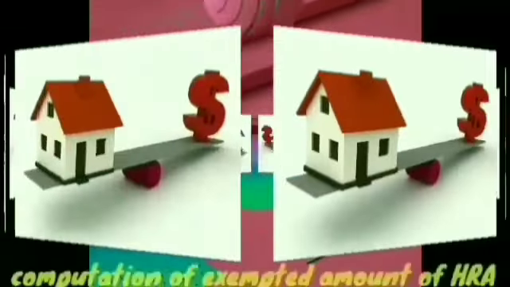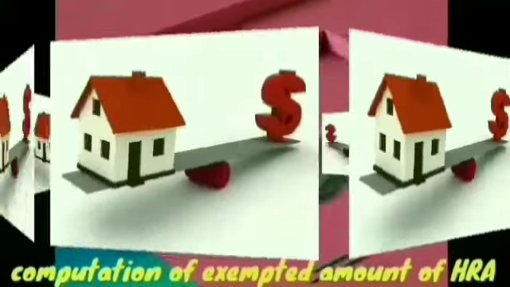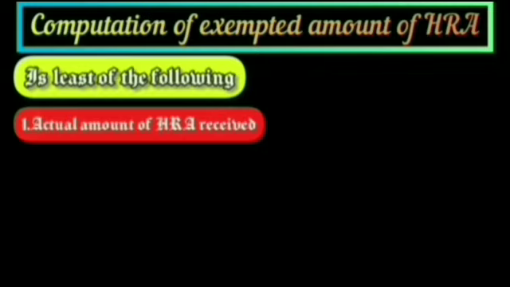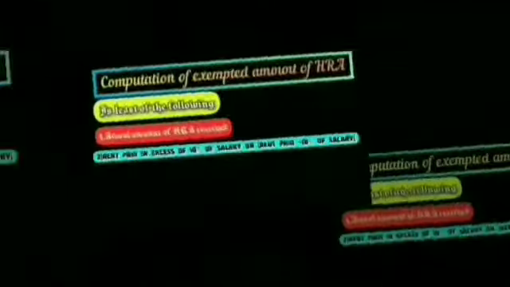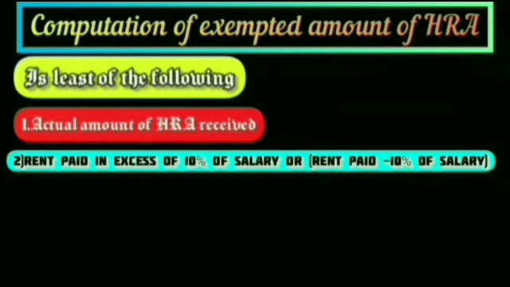Let's move on to the second topic, computation of exempted amount of HRA. Computation of exempted amount of HRA is the least of the following. First one, actual amount of HRA received. Second one, rent paid in excess of 10% of the salary, or rent paid minus 10% of the salary.